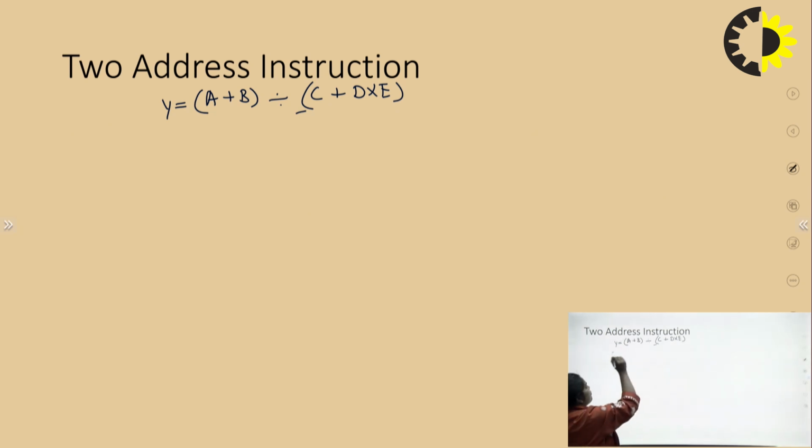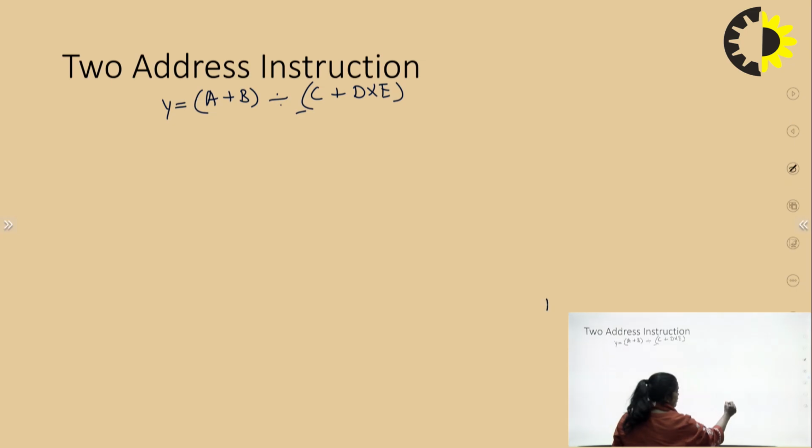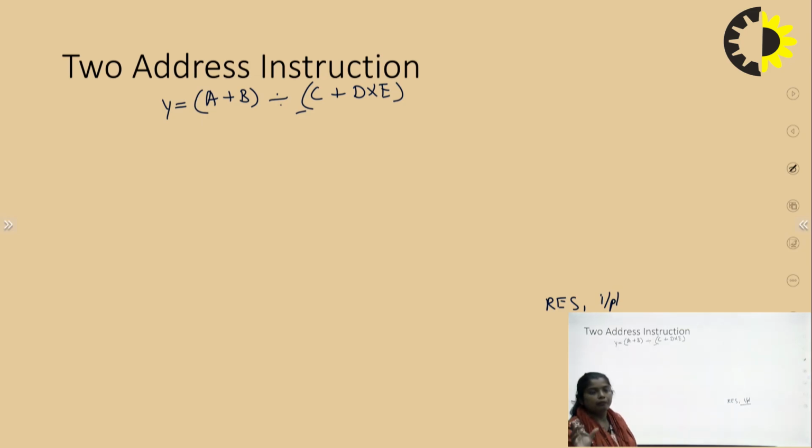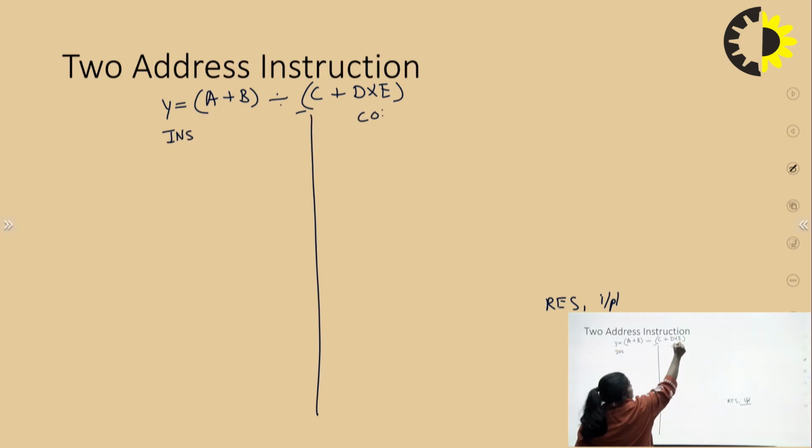Now, a 2 address instruction means there is a result and input 1. Input 2 is not there because it is a 2 address instruction. So now there is an instruction and the comment.